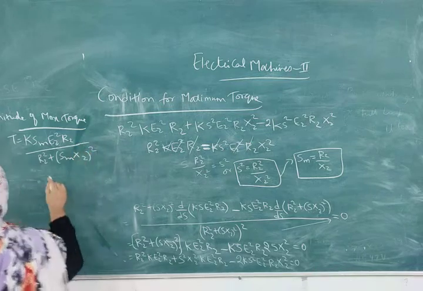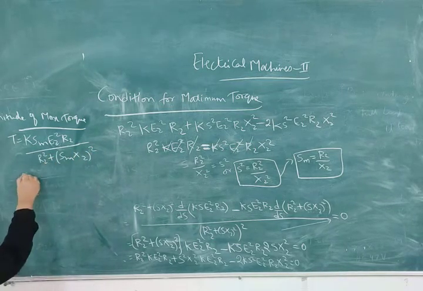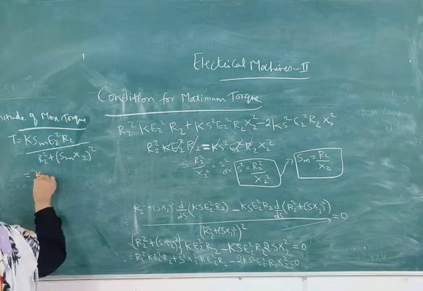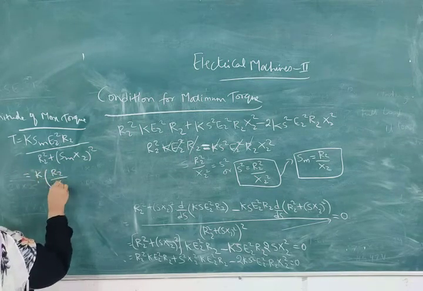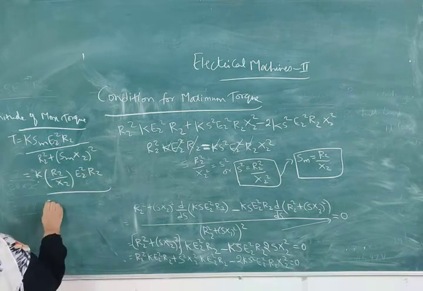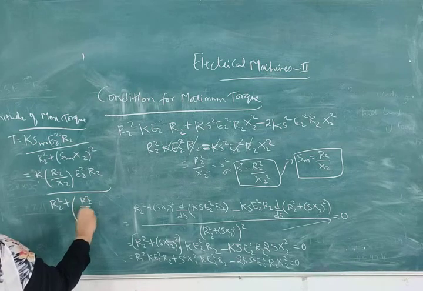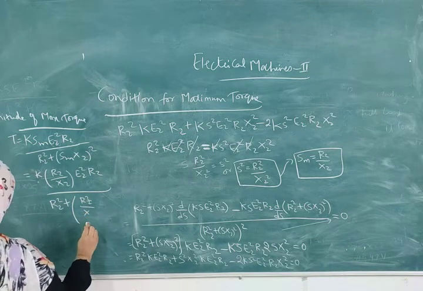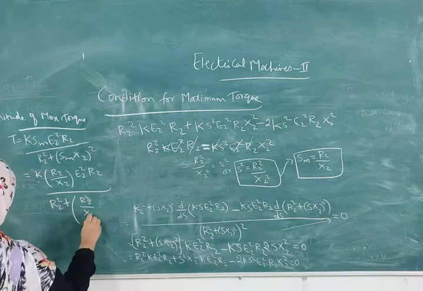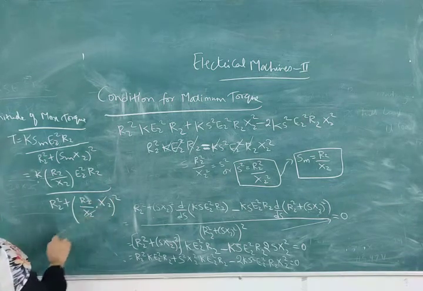So in the torque equation, in place of s I am writing Sm. So substitute the value of Sm as R2 by x2, that is K into R2 by x2 E2 square R2, divided by R2 square plus (R2 by x2 into x2) whole square. x2 gets cancelled here.